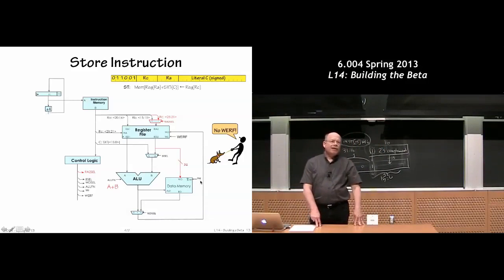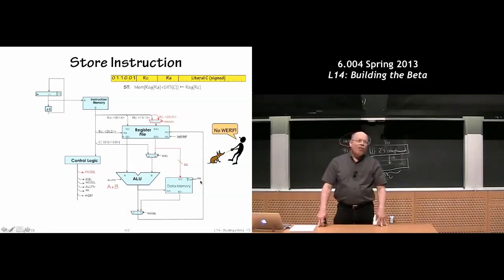Yes? So WR and WERF are complements of each other for a reason? They're not, they're independent. One is controlling whether we're writing a value into the register file, and the second one is controlling whether we're writing a value into main memory. But we don't want them to ever both be 1. With the instruction set that we have now, we would never expect them both to be 1 at the same time.